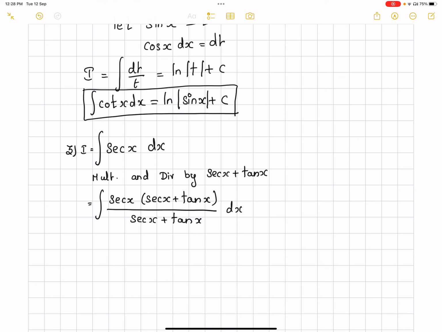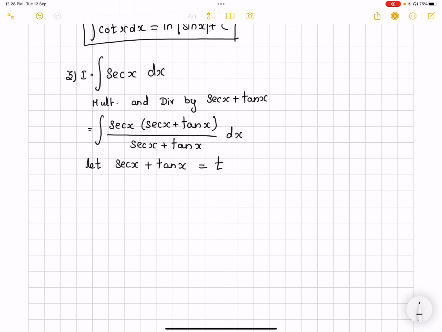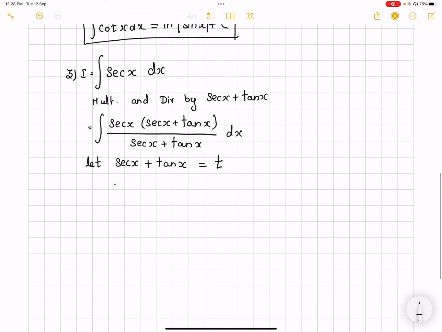See here. Now let's go for substitution. Let secant x plus tan x, the denominator which we have, I'm considering it as t. Then when I differentiate both the sides with respect to x, I get secant x tan x plus secant square x, and then into dx is equal to dt.